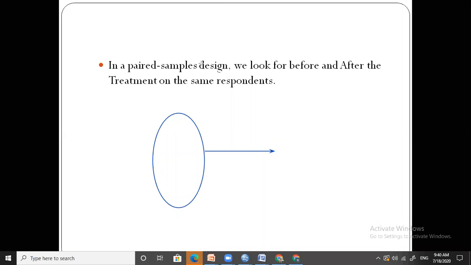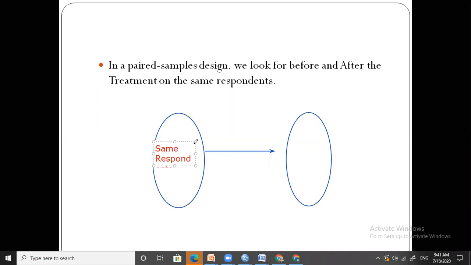And after the treatment, we try to know whether the treatment has any significant impact on the respondents or not, with the help of this paired sample t-test. The point that should be taken care of is that here the sample respondents are always the same respondents, right?